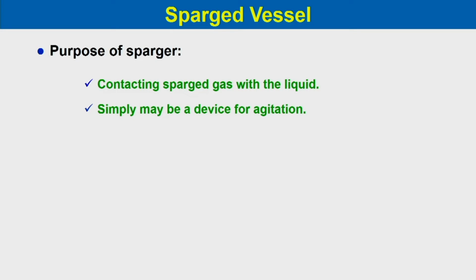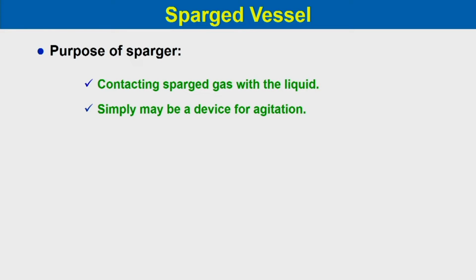Agitation helps not only to increase the surface area, but also improves the mass transfer rate and the heat transfer rate. These are the major purposes for the use of a sparger.